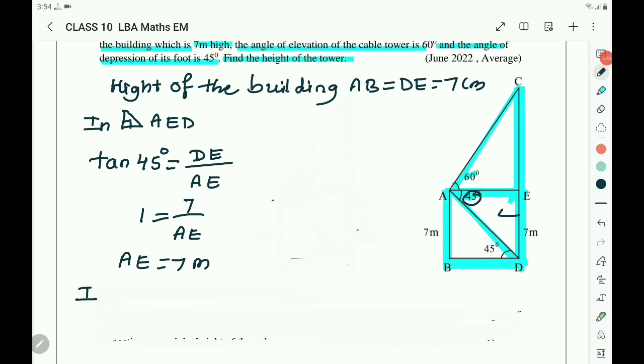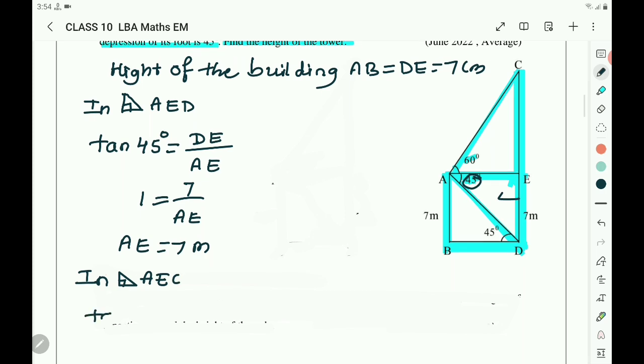In the right angle triangle AEC, again use tan 60 degree, because for 60 degree CE is the opposite side and AE is the adjacent side. Then you take the ratio with the opposite side and adjacent side, that is tan 60 is equal to opposite side, which is CE, by AE.